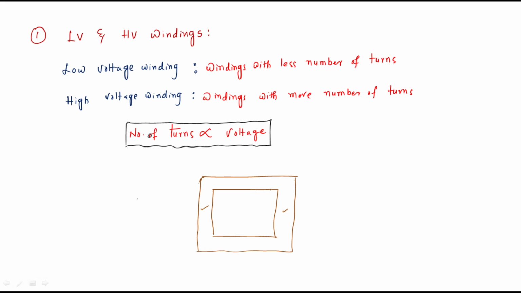So first this is one winding, this is another winding, right? Then you have to say which is LV winding, which is HV winding.